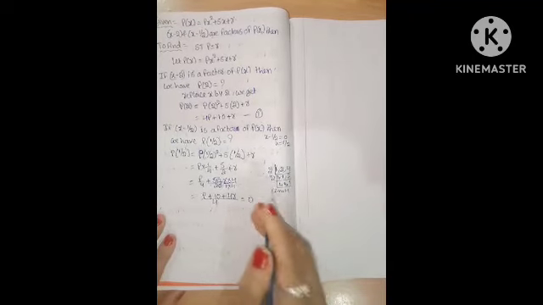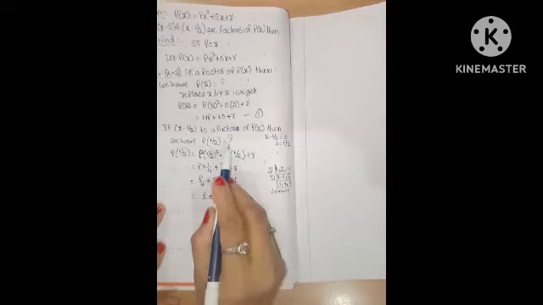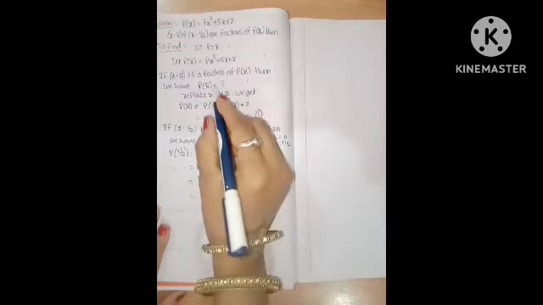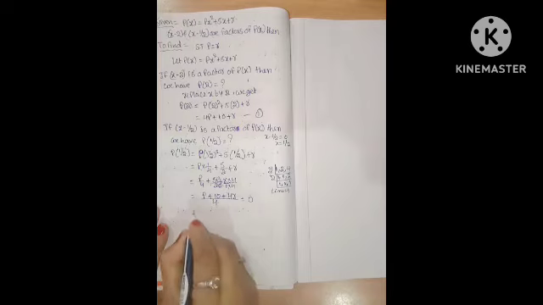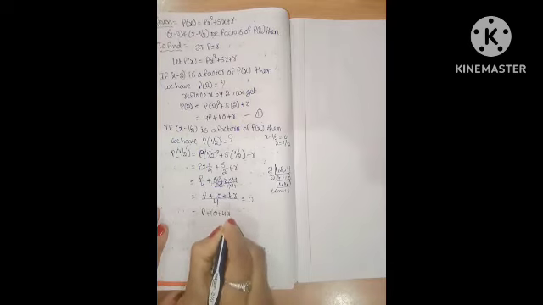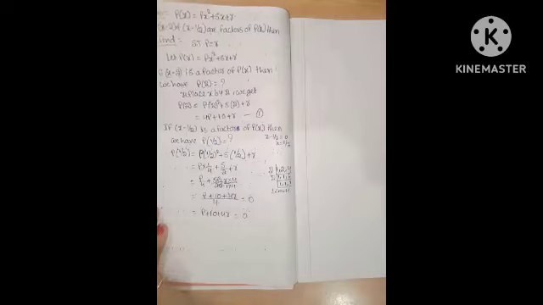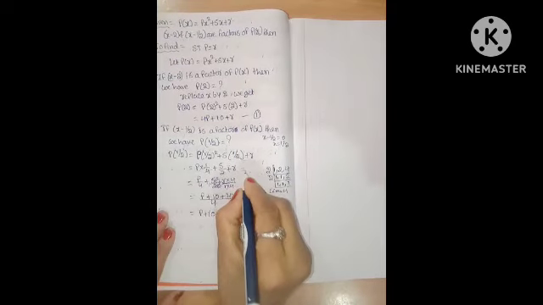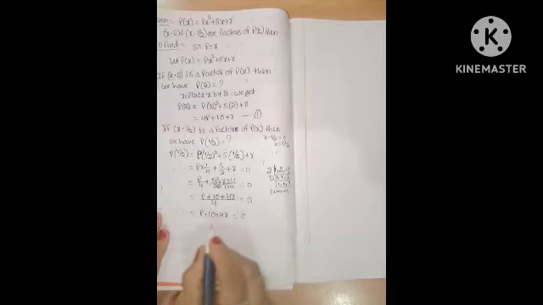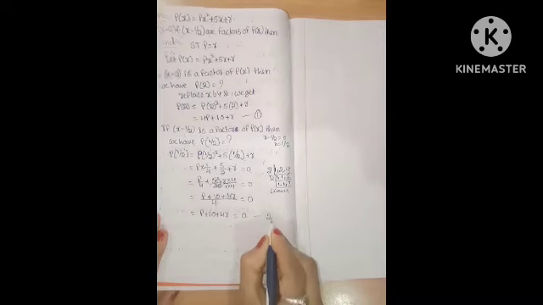Equal to 0, if P of 1 by 2 equals 0. This is also P of 2 equal to 0. So P plus 10 plus 4r equals 0. All of these are equal to 0. So this is equation number 2.